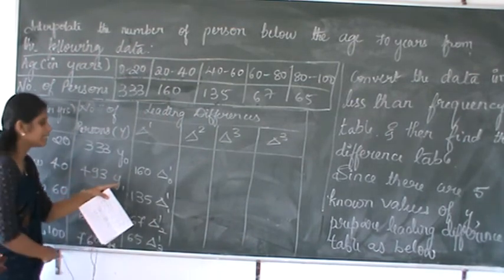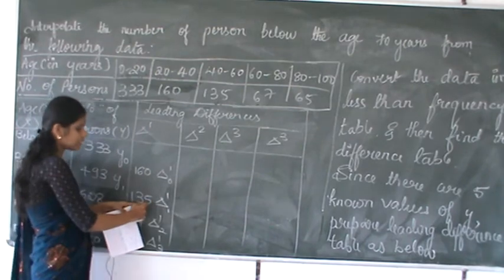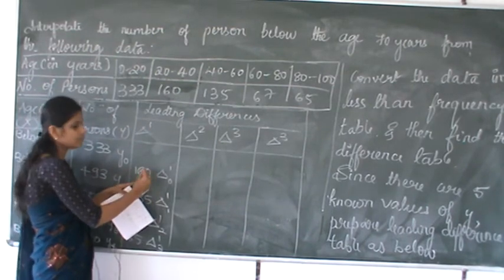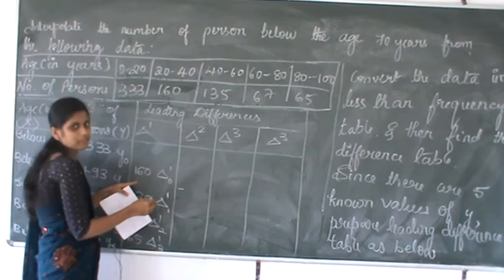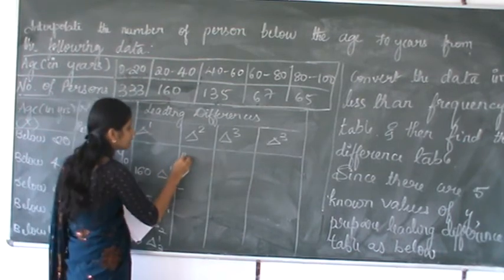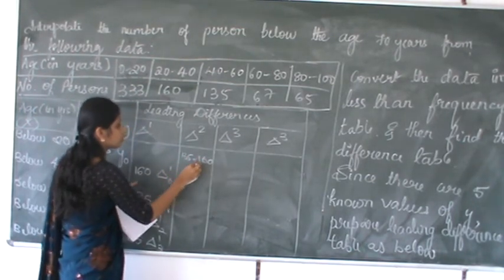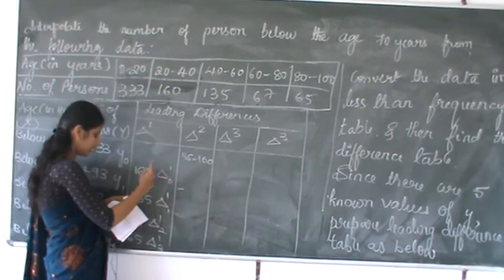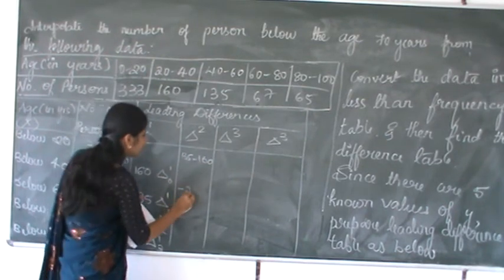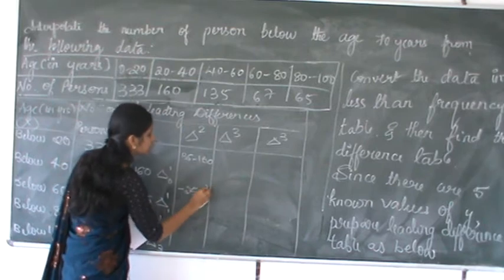Next, second leading difference. 135 minus 160. Greater number sign is minus. When you deduct it, it will be minus 25. That is delta 0 raised to 2.